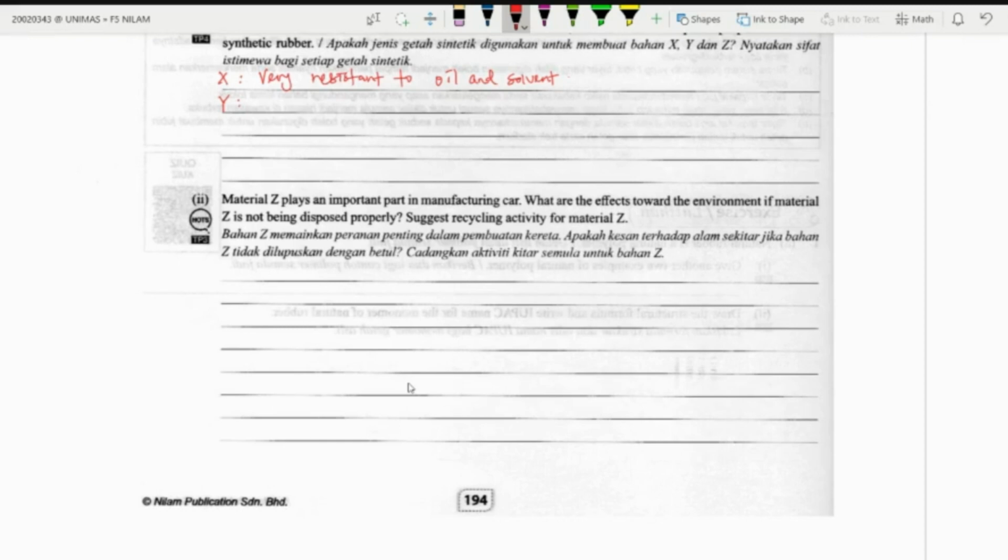Correct. Then if it burns, what is the effect? It emits fumes containing toxic chemicals, right? You can write that also. Then we go to the second part, suggest the recycling activity. What can we recycle? How can we recycle material Z, class?